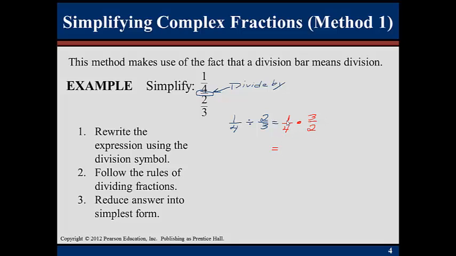And at this point, you multiply numerator times numerator, which is 3. Denominator times denominator, which is 8. And then step 3 says reduce your answer into simplest form. Well, 3 over 8, that is in simplest form. Therefore, our answer is 3/8. So again, this method is very useful if you have a single fraction in your numerator and a single fraction in your denominator.